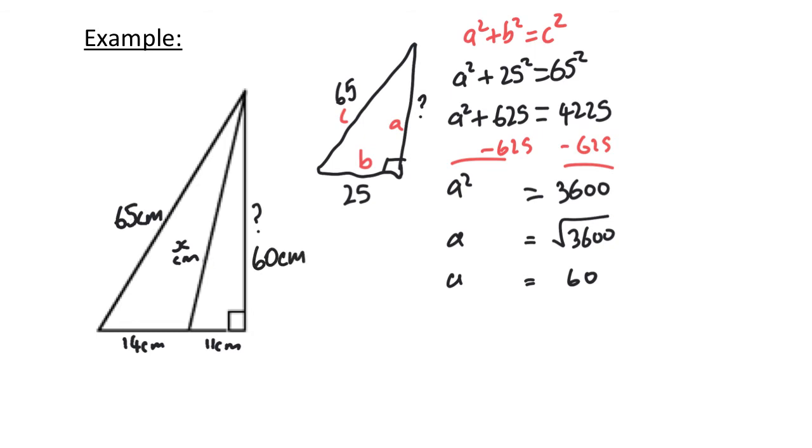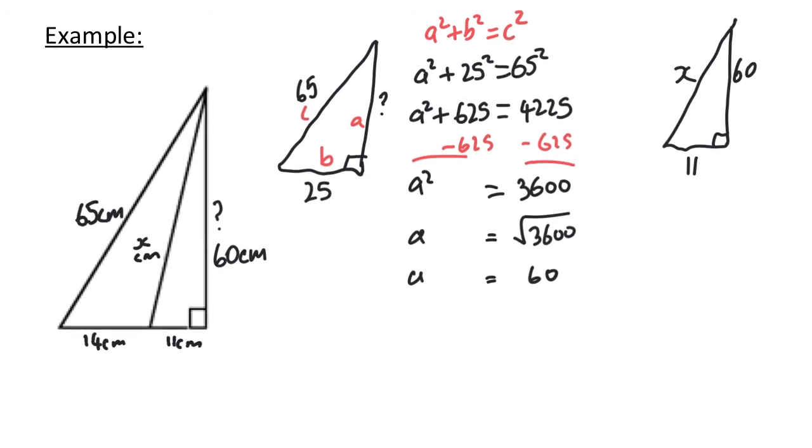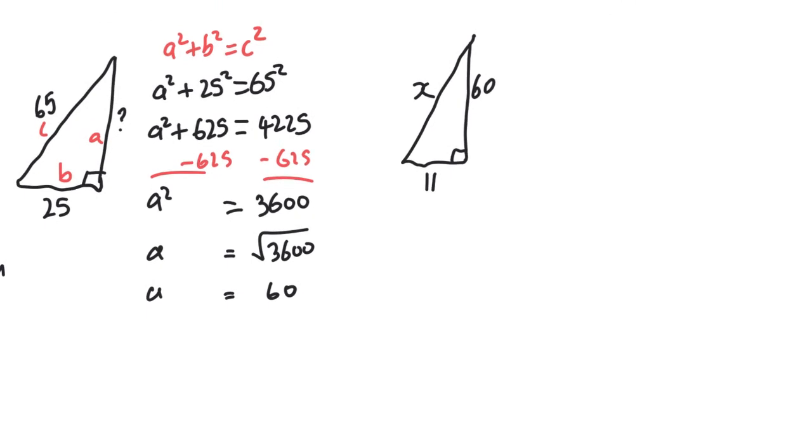So what we're going to look at is this small, thinner triangle, which is contained inside it, which now has a height of 60 and a base length of 11, and we're trying to find x. So the first thing I need to do is label the sides. C is the hypotenuse, the one opposite the right angle, and A and B are the other two.